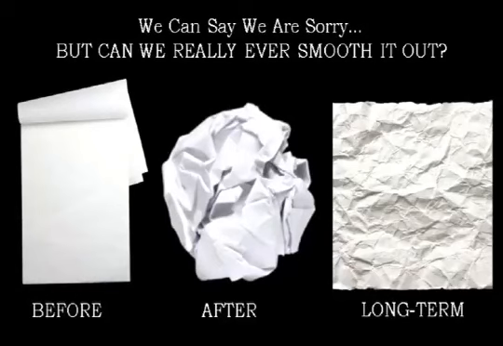So in the long term, there's still going to be the wrinkles. You're never really going to be able to smooth it out, because they're never really going to be able to forget what you said. Even though they can forgive you, I know people say forgive and forget. Well, it's not that simple. People still carry things. They might be able to forgive you, and eventually they might not remember.